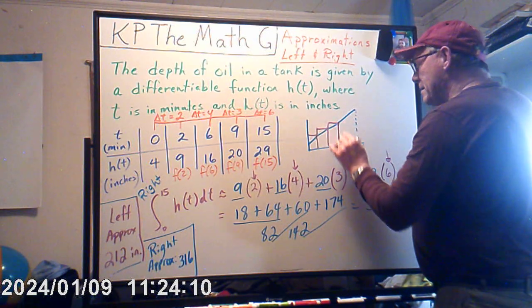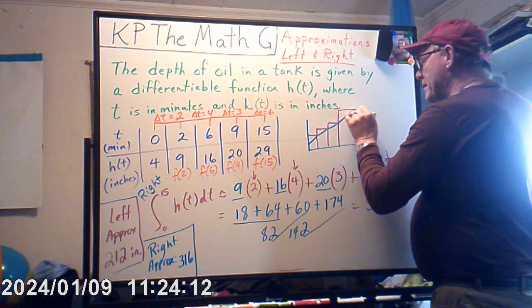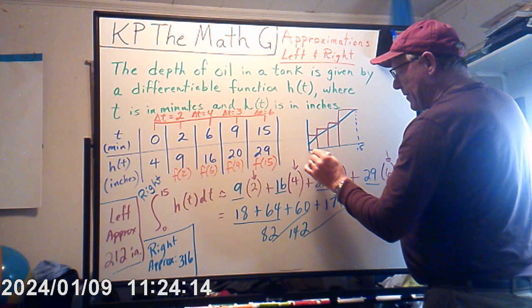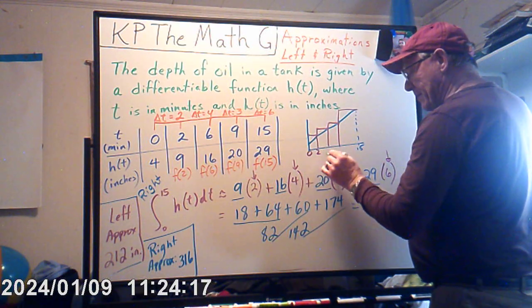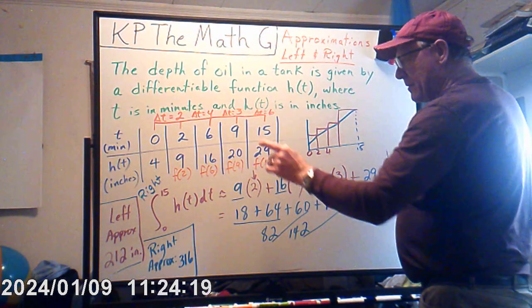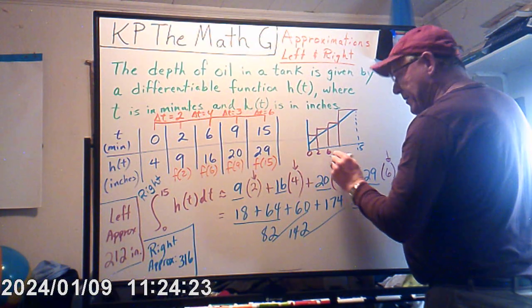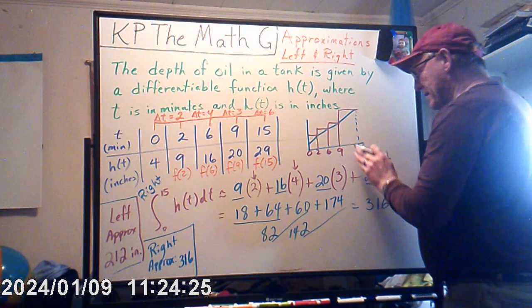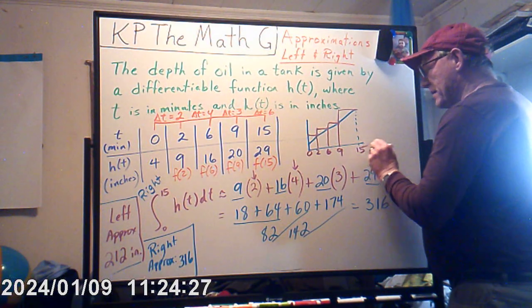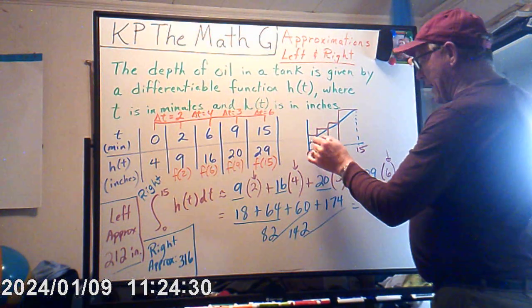And then this one will be up here like this. This will be 0, 2, and I know this is not nearly drawn to scale, 2, 6, 9, and 15. Alright, this is 15 here. Alright, you see that is much.